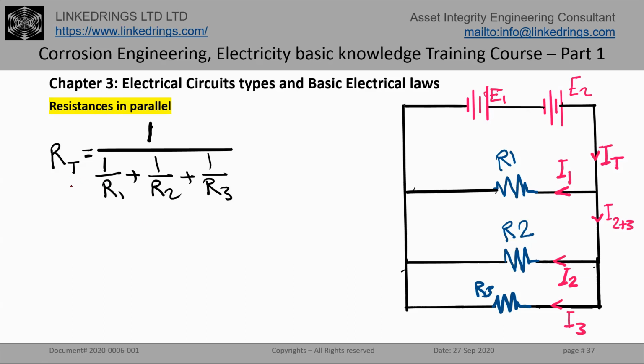The total resistance equals 1 divided by the summation of the reciprocal of each resistance. So R total equals 1 divided by (1 divided by R1 plus 1 divided by R2 plus 1 divided by R3). This law must be memorized.